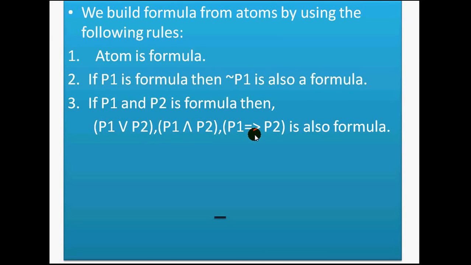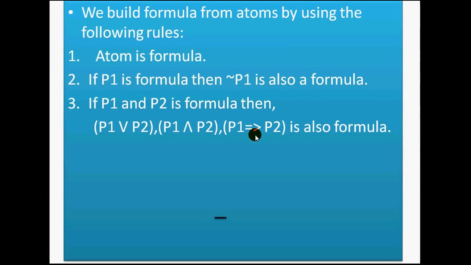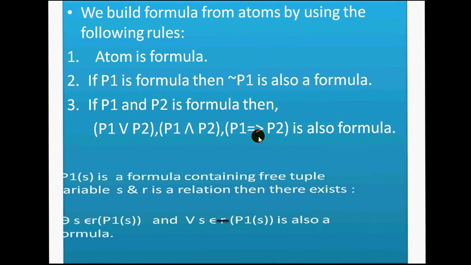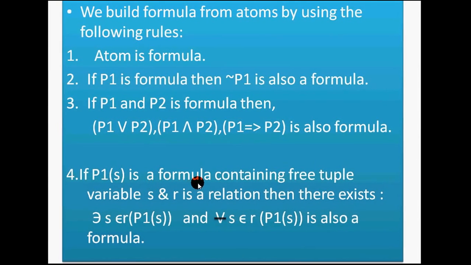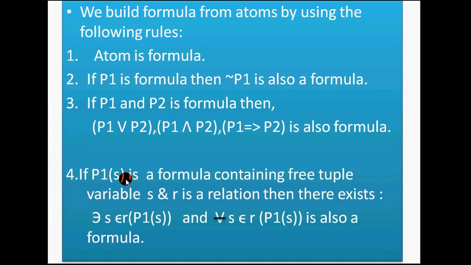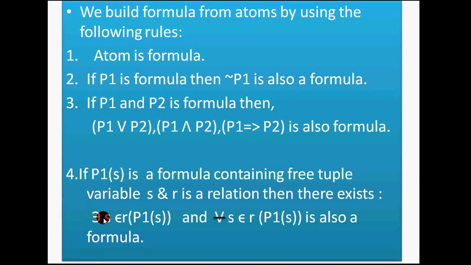Our fourth rule is if P1(s) is a formula containing a free tuple variable s, and r is a relation, then there exists s belongs to r, P1(s), is also a formula. Here s is quantified by this symbol, so it is a bound variable.